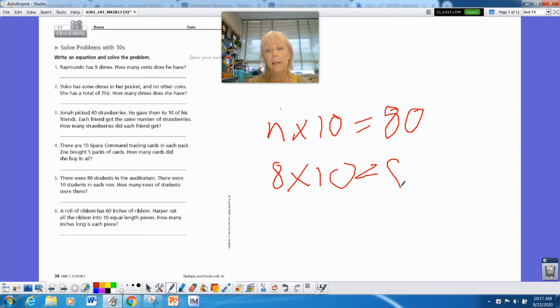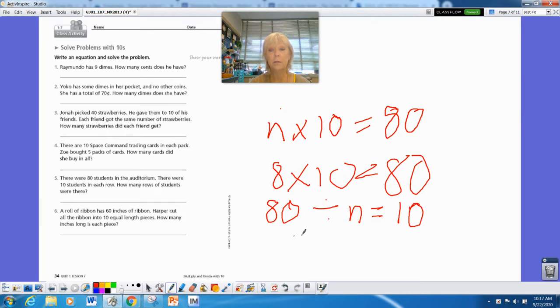equals 80. You can also have written this as a division problem. 80 divided by, I'm going to put our letter N back in here, equals 10. Okay, so 80 divided by something equals 10.